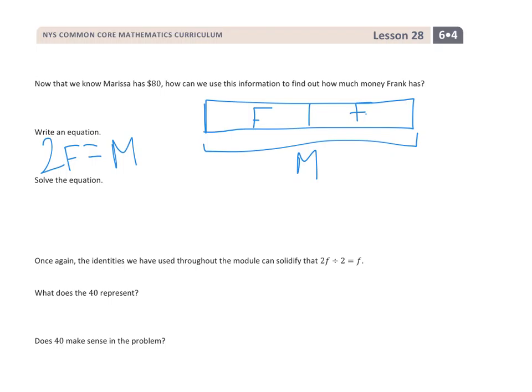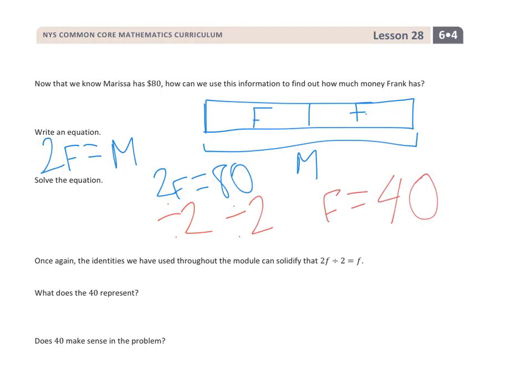But since we have a value for M, we know that 2 Franks equals 80. So now we just need to get F by itself. So 2F, the opposite of multiplying by 2 is dividing by 2. So let's divide by 2. And now we have F equals $40. Cool. Just like we did last time, we're not going to sweat this.